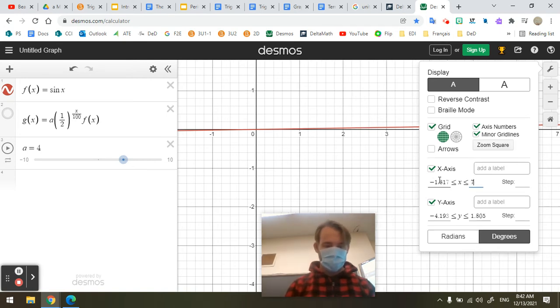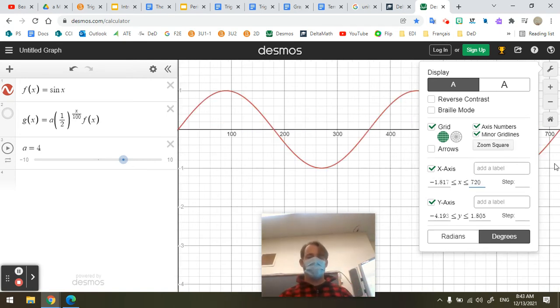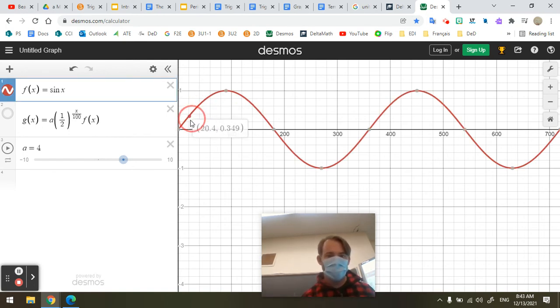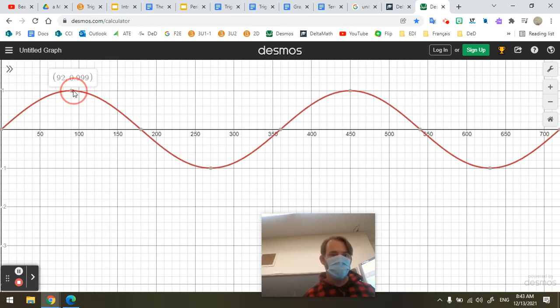Let's look at 720 degrees there in the x-axis. And there we go. Here is a picture of our sine wave graph going through 2 cycles. So we're seeing now 2 periods. If we start at the point (0, 0) and trace this, here's 90 degrees at 1.